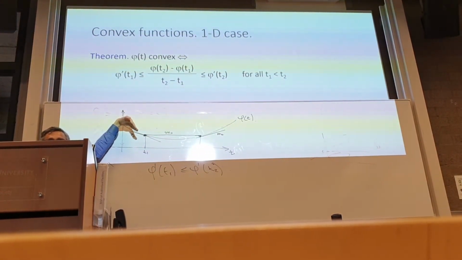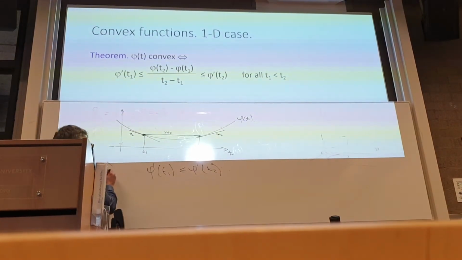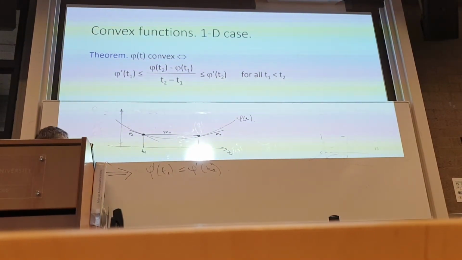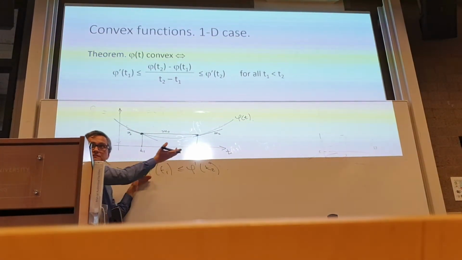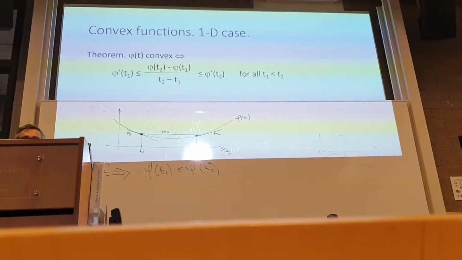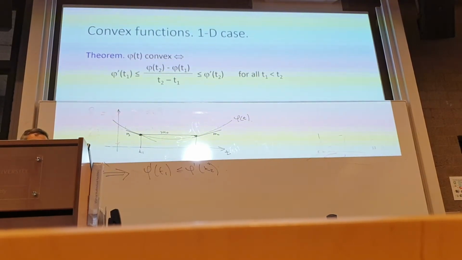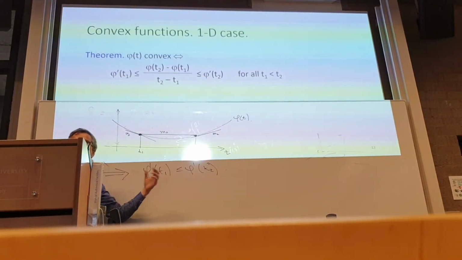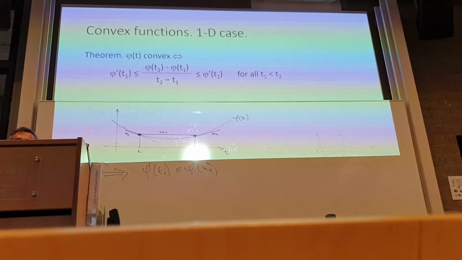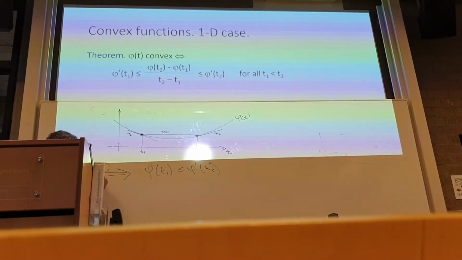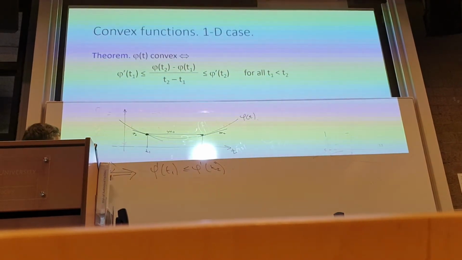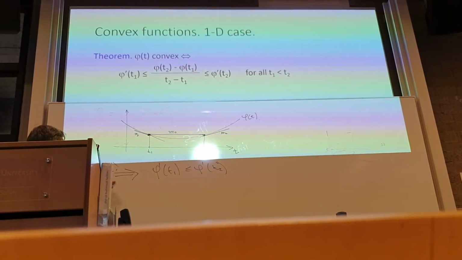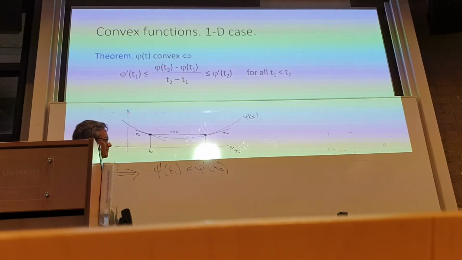So it's telling me that this will imply, and this is an important corollary actually, that the derivative is increasing. So a function is convex implies that the derivative is always increasing. We will see actually that the other direction is also true. Okay, but for now, it's like that. So we have that the derivative is increasing.